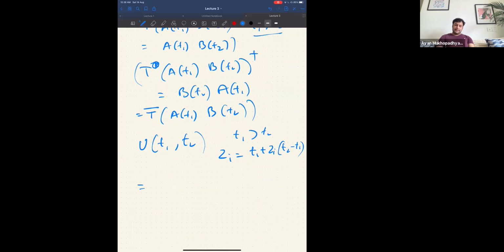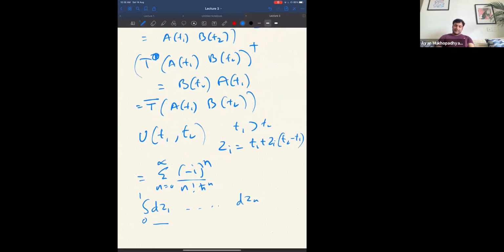I can always write this as the sum n equals 0 to infinity of (minus i)^n over n factorial h bar to the power n, and then I can take all my tau_i to go from 0 to 1. Then I have the same contour ordering, H(tau1) to H(tau n). This is true irrespective of whether T1 is greater than T2 or T2 is greater than T1, right?